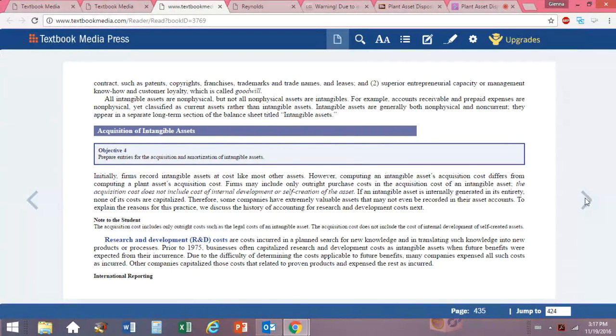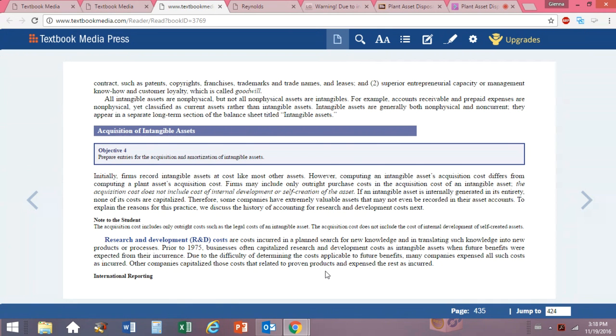Companies can buy intangible assets. If a company is planning to develop a new product, all of the expenses incurred in developing that product must be expensed. They cannot be capitalized and depreciated or amortized in this case.